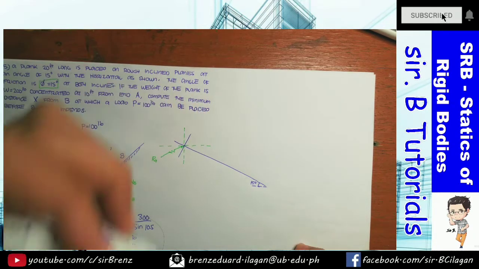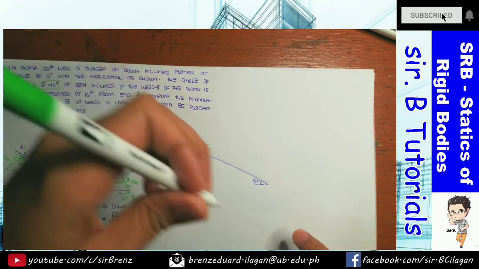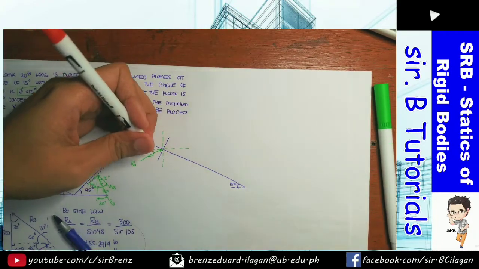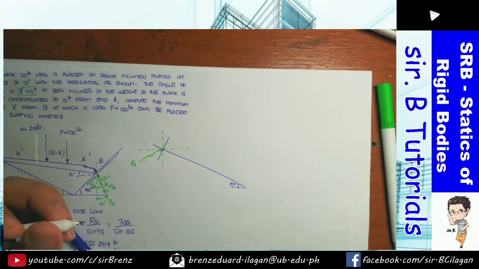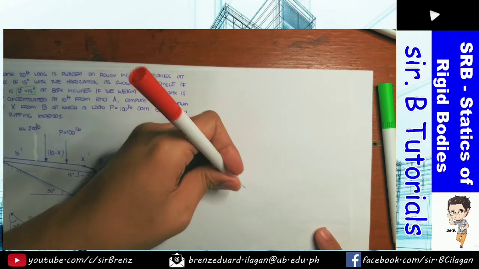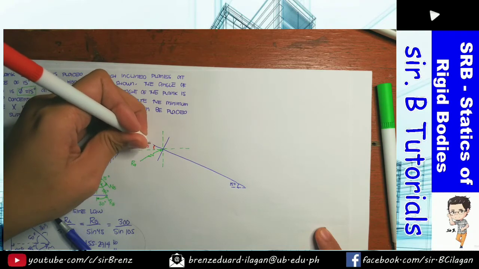Okay. So, di ba itong angle na to is equals lang saan? Ibahin natin yung kulay. Di ba ito is equals lang sa... Di ba itong angle na to is equals lang din dito? Ito, yan. 15 degrees din yan. Tama?